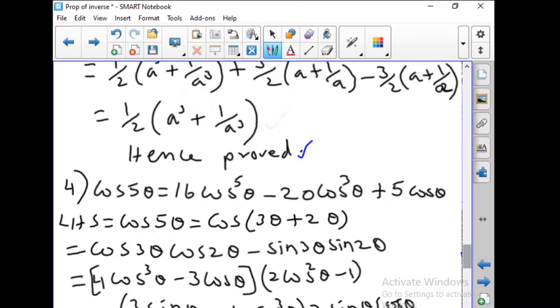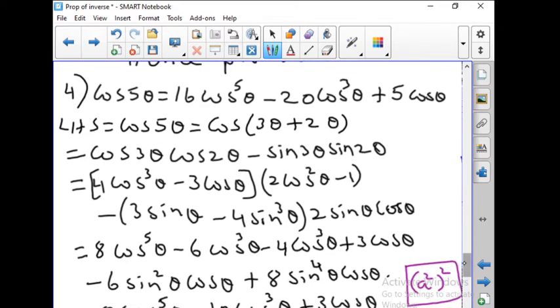Prove that cos 5 theta is equal to 16 cos power 5 theta minus 20 cos cube theta plus 5 cos theta. So take the left hand side, cos 5 theta. Cos 5 theta can be written as cos of 3 theta plus 2 theta.